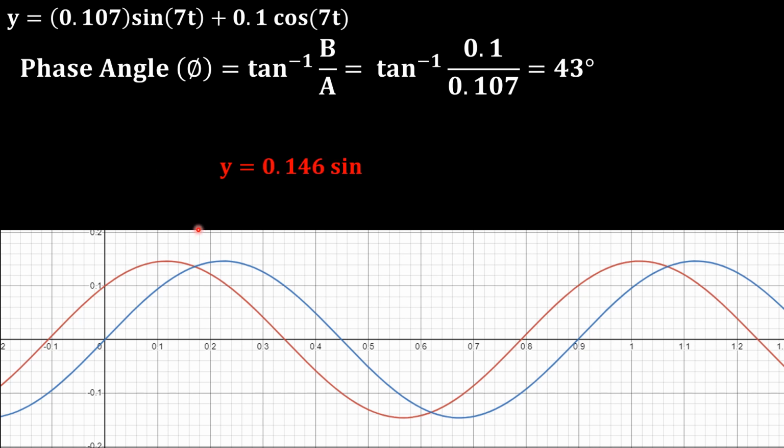Or we can rewrite this equation using the general solution equation to be 0.146 sine of 7t, where 7 is the natural frequency, plus 0.757. This is 43 degrees in radians. So that will be your phase angle in here.